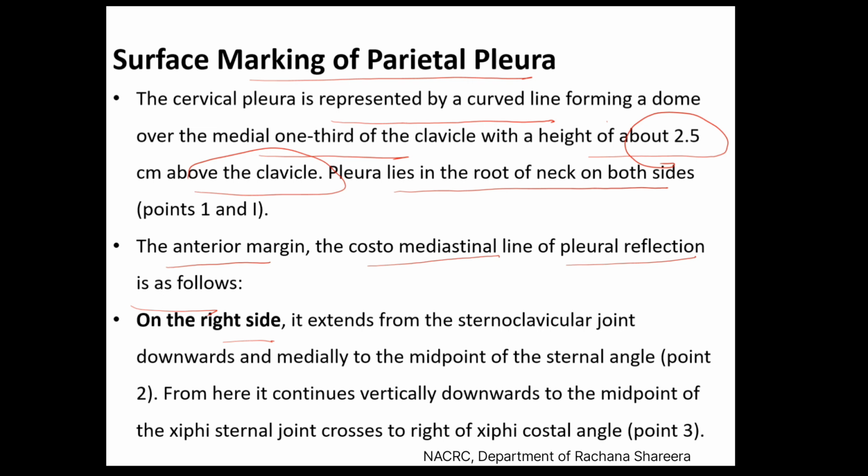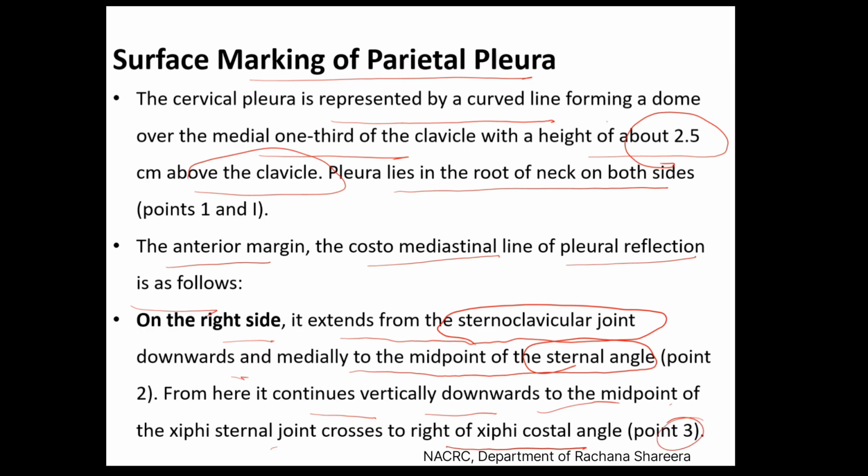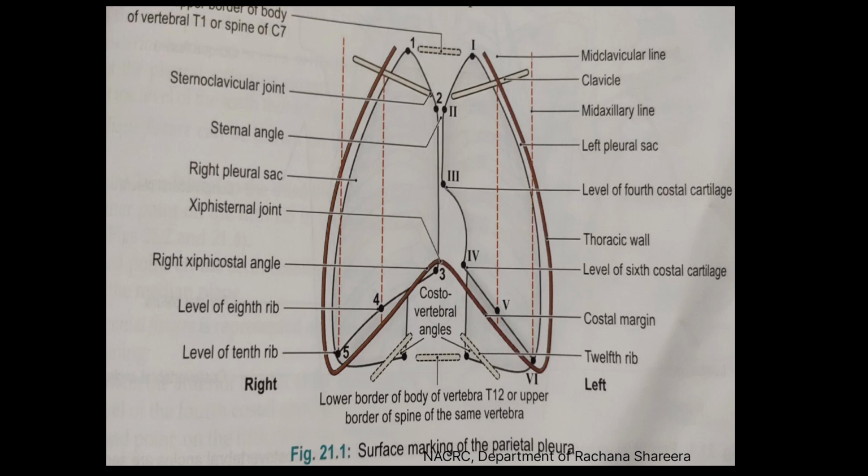On the right side, it extends from the sternoclavicular joint downwards and medially to the midpoint of the sternal angle. From here, it continues vertically downward to the midpoint of the xiphisternal joint, to the right of the infrasternal angle. Point number 3. We can see it in a diagram like this.